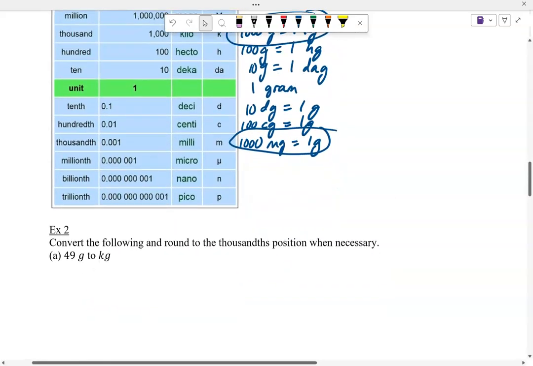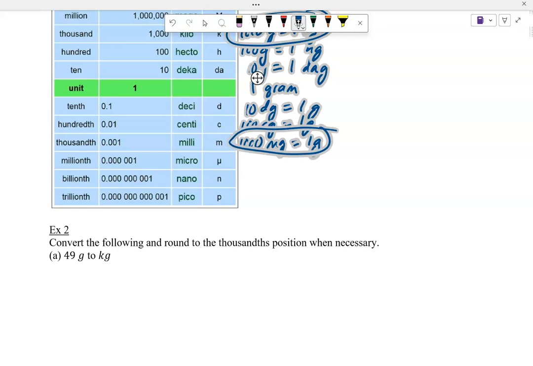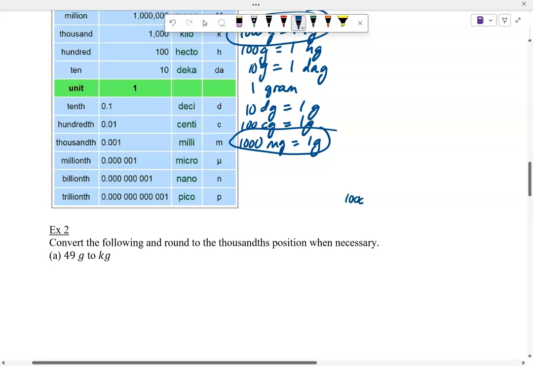Let's go ahead and go from 49 grams to kilograms. Well, grams to kilograms, I know there's 1,000. It takes 1,000 grams for every 1 kilogram. So am I going to use that one, or am I going to use 1 kilogram for every 1,000 grams?